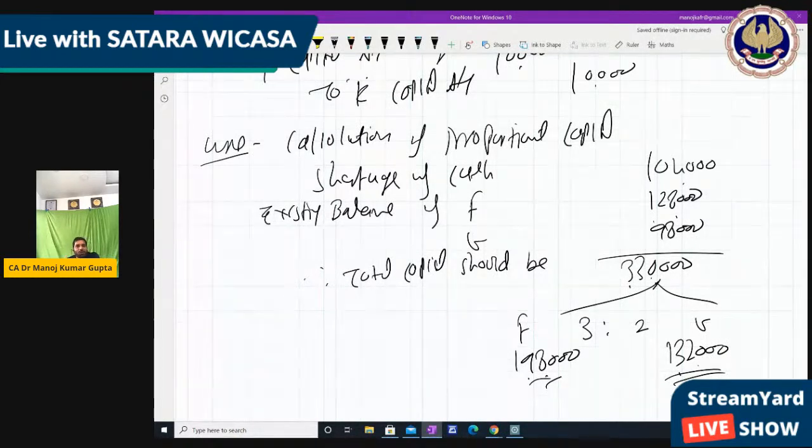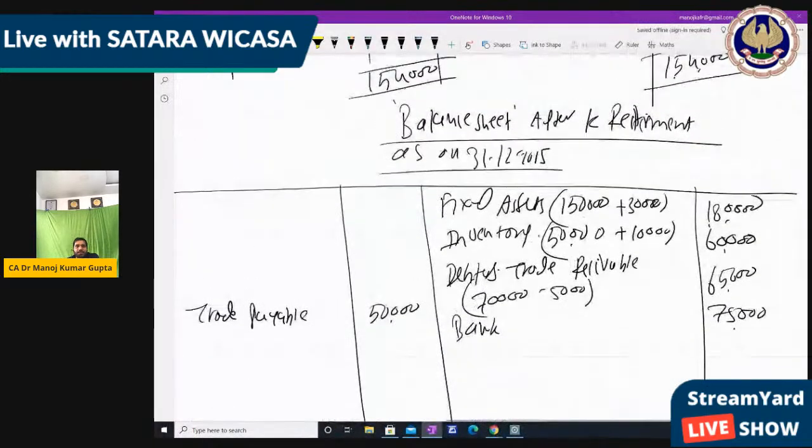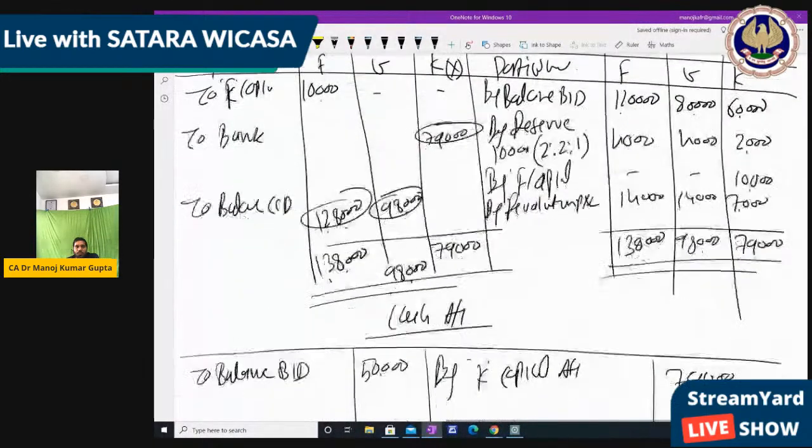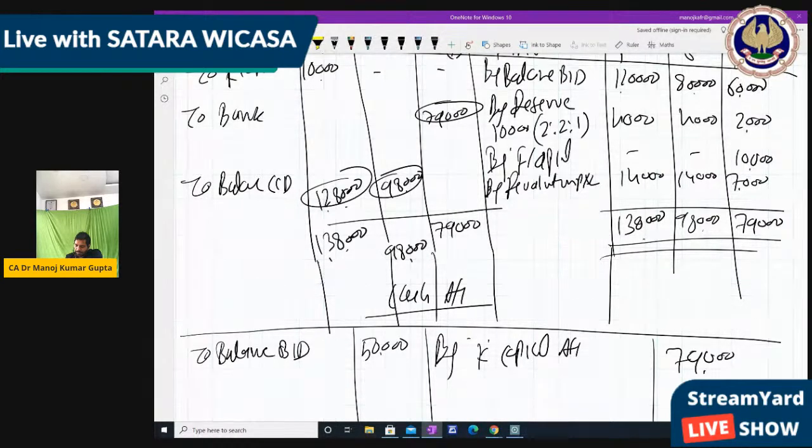So this is the overall amount which total capital should be, right? So 1,98,000 and 1,32,000 should be the capital of F and G. Now what do we write? 198 and 132. So we go further one more step.